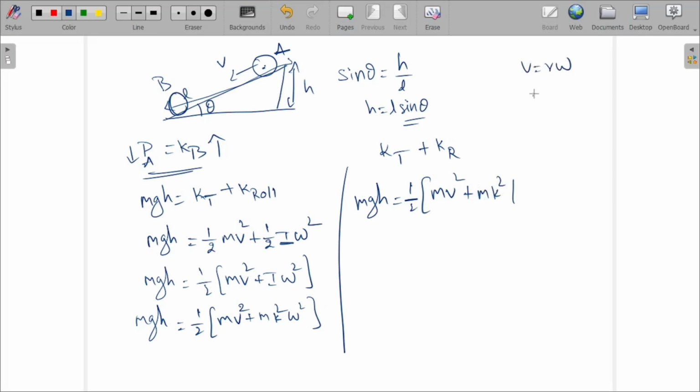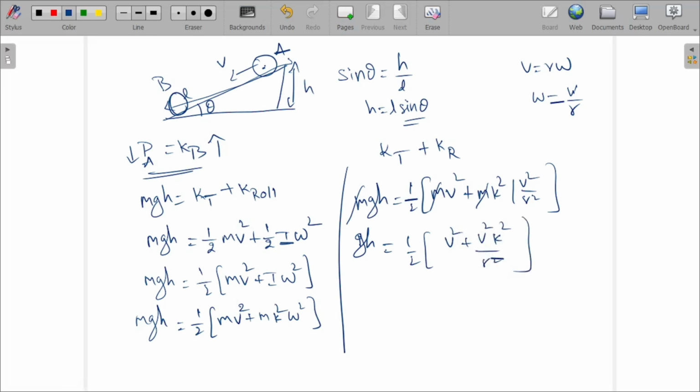V equals r omega, so omega equals v by r, so it is v square by r square. Here m gets cancelled, remaining gh equals 1 by 2 of v square plus v square k square by r square. Can I take v square common here?